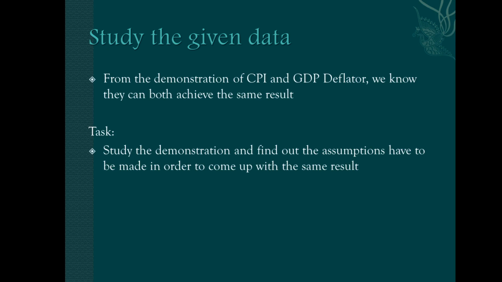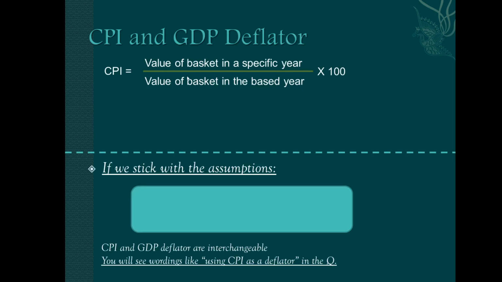This is the truth from reality. But when we are learning this, of course, we make some assumptions. Look at this, you see CPI once again, the formula right here, and also the GDP deflator. If we stick with the assumptions, everything will become so simple. It means that CPI and GDP deflator can be interchangeable.